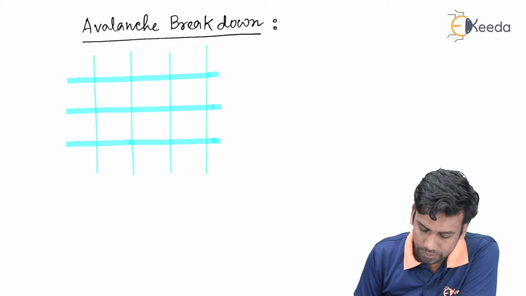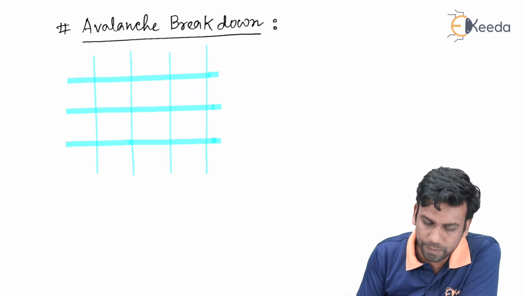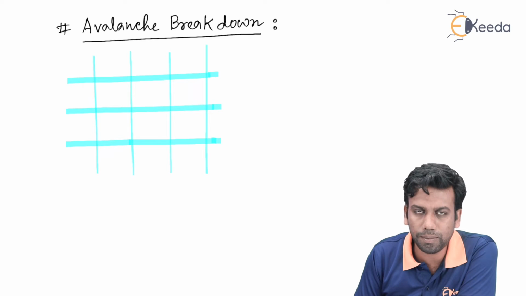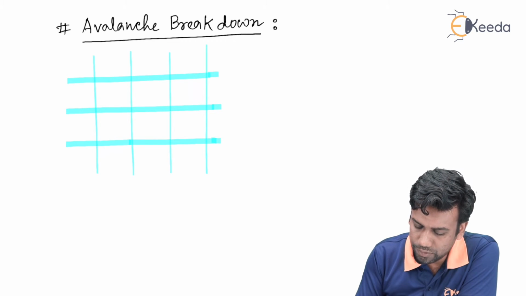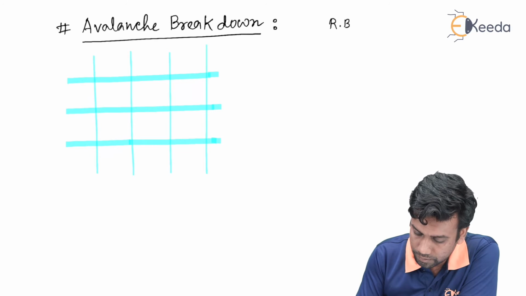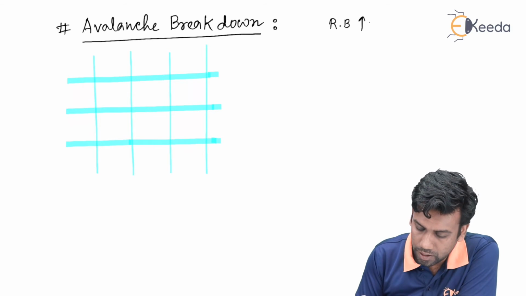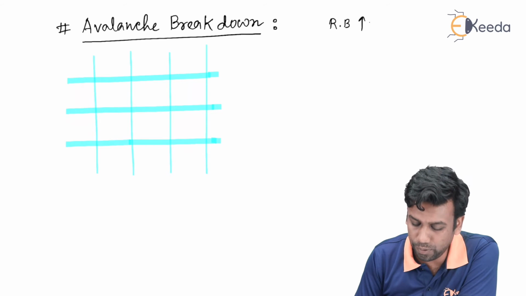Now, for understanding the avalanche breakdown, we also have to take a bond model of the semiconductor. So, as we increase the reverse bias voltage, some amount of the bonds will be broken.